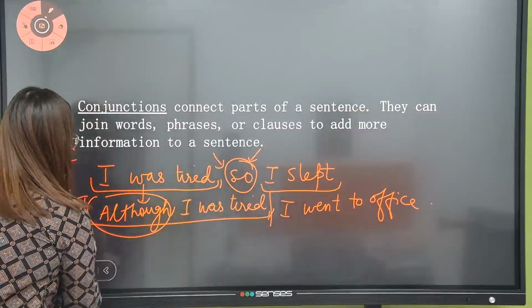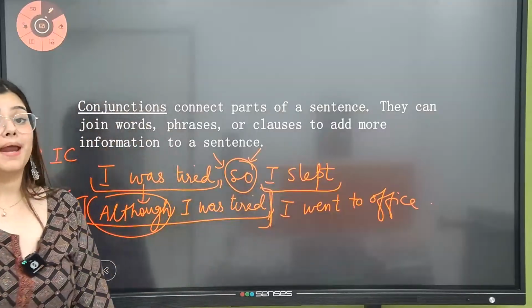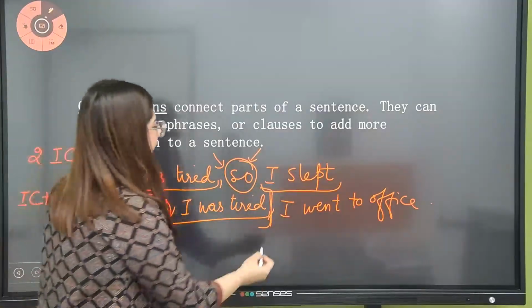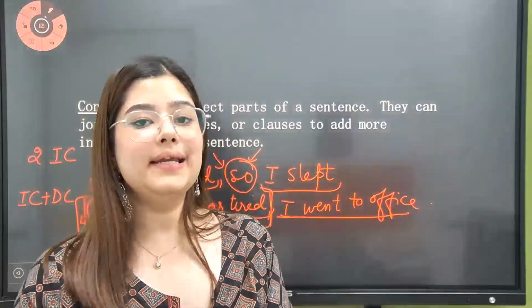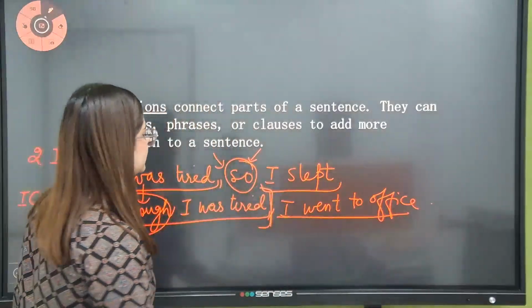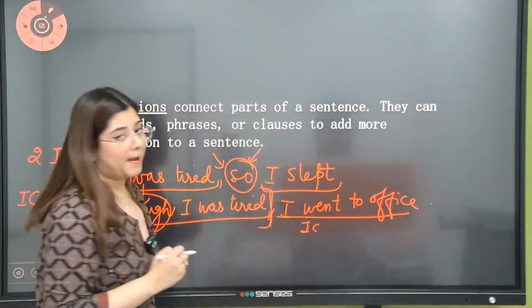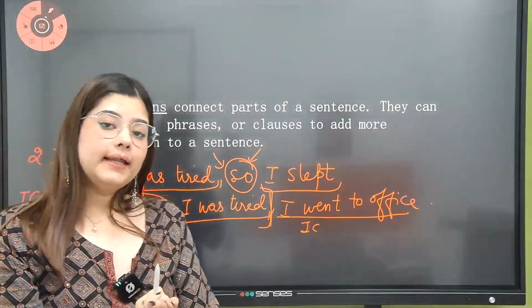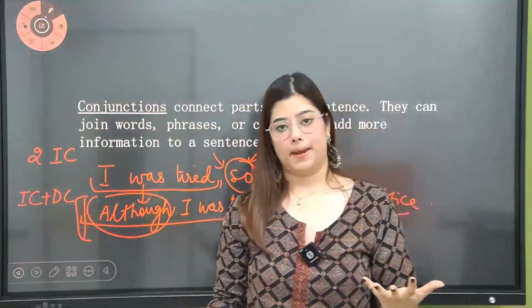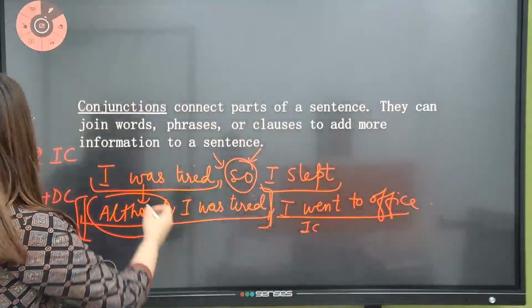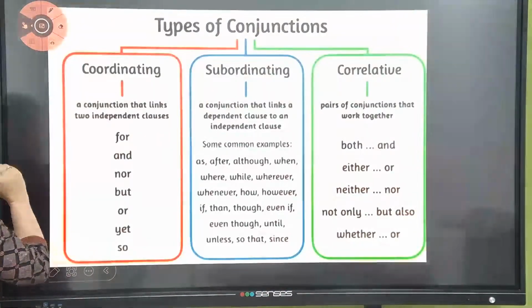So this part of the sentence acts as a dependent clause, whereas I went to office makes perfect sense in itself. It's a complete sentence, so this is an independent clause. So subordinating conjunctions link an independent clause and a dependent clause. Let's have a look at the examples.